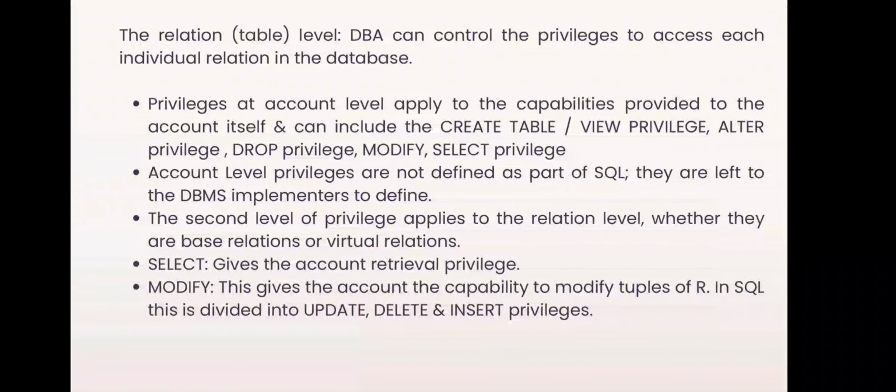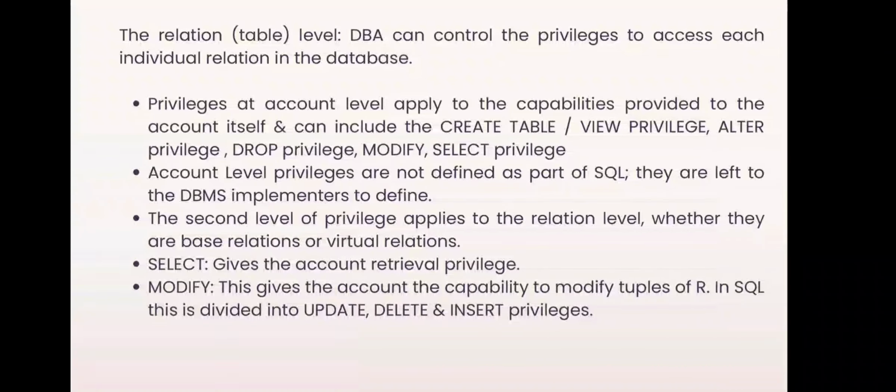Privileges at the account level apply to capabilities provided to the account itself and can include create table and view privileges. It means if my Instagram, Facebook or WhatsApp account is logged in on my desktop, I get to know where it has been logged in and what they are working on. In the same way, you can view the privileges where you have given access.